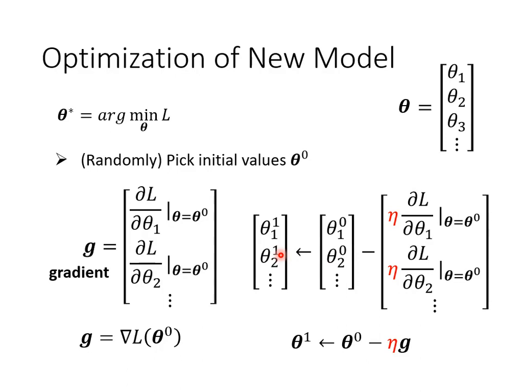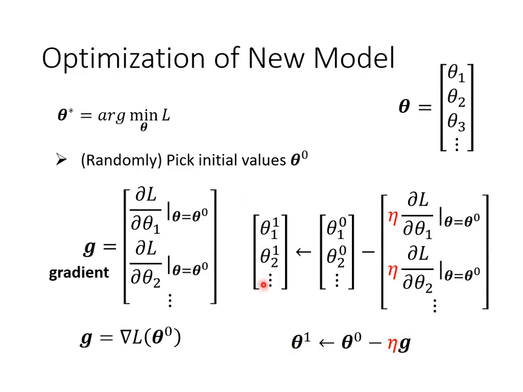Here comes an abbreviated notation. You can combine all the thetas here as a vector, and we use theta 0 to represent it. As for here, you can take out the learning rate. The remaining part, the differential of L with respect to each parameter, is called the gradient, called g. So, theta 0 minus the learning rate times g is theta 1.